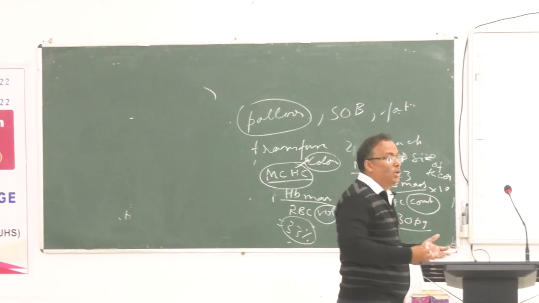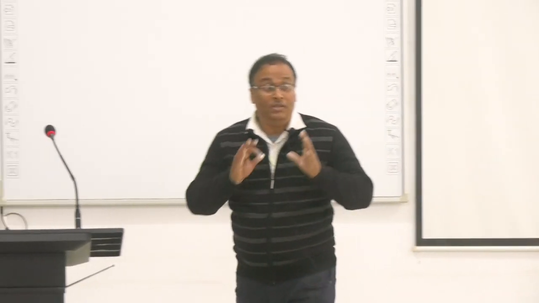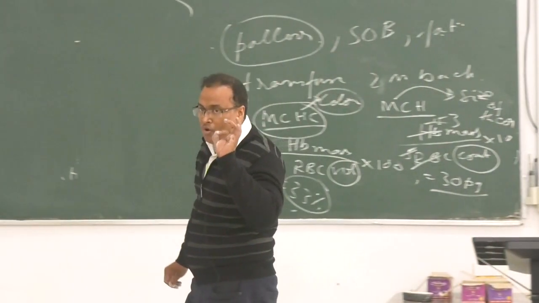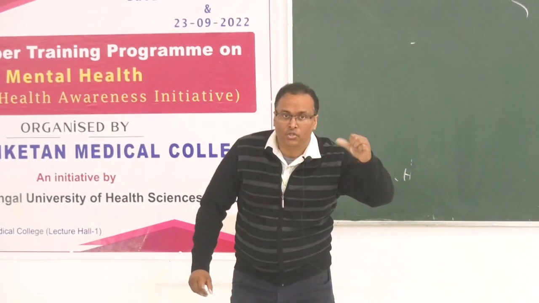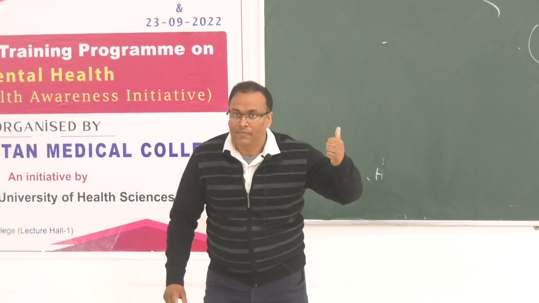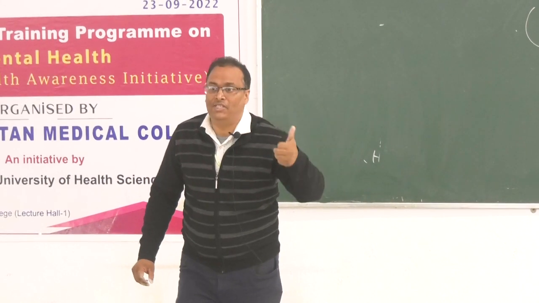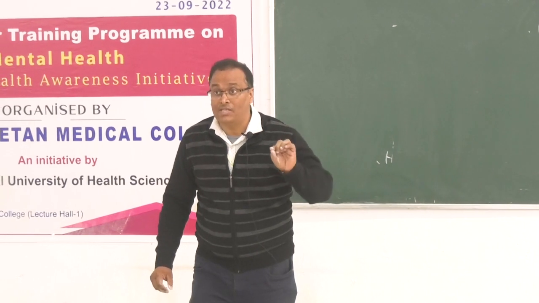What is the cause? And another is morphology. What do you mean by morphological? Structure, right? Very good. In case of morphology, we will depend on two things already discussed: one is color, that is MCHC, and another is the size.